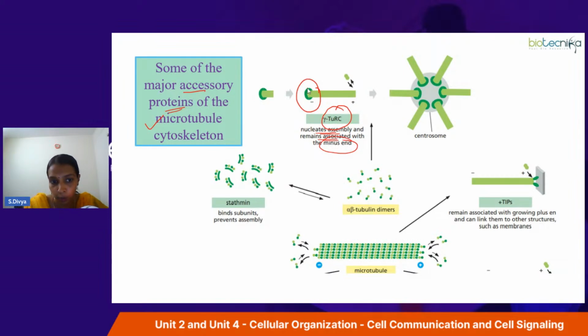Stathmin binds to the subunits, preventing the assembly, that means depolymerization. Plus tips are associated with the plus end and help in connecting to the membranes, that means they help in polymerization. Yes, Anupam, you are correct.